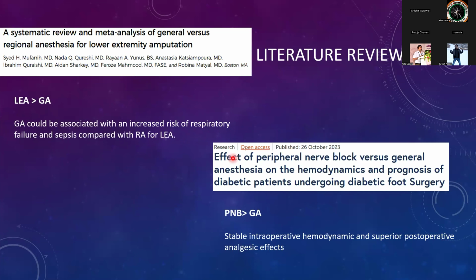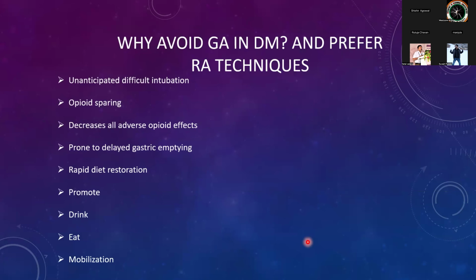In another study, they proposed that peripheral nerve blocks had stable intraoperative hemodynamics and superior postoperative analgesic effect.